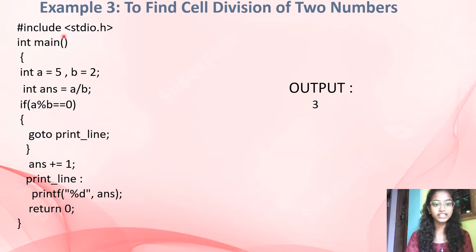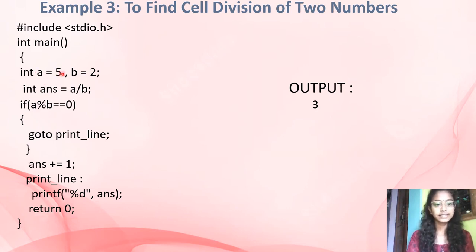Here is another example to find the ceil division of two numbers. We use #include <stdio.h>, int main. Here we are initializing the variable values: int a = 5 and b = 2. int answer = a / b. If a % b is equal to 0, goto print. Here we are defining the label name as print line. answer += 1; print line: printf("%d", answer); return 0.